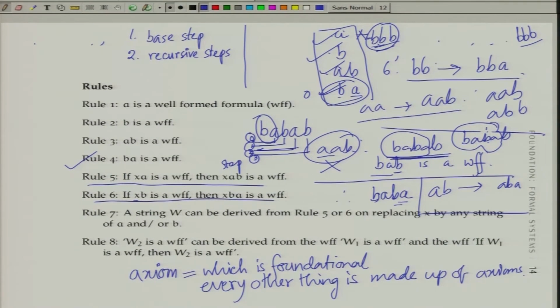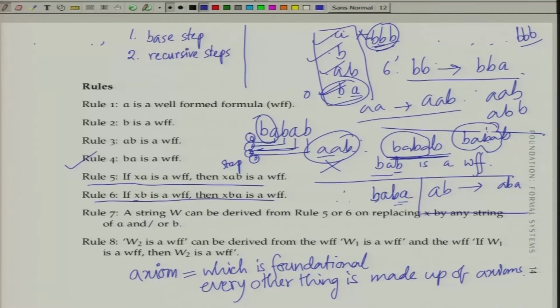You use one rule and then you generate one string. At the next level you work on that string and you come up with the next string. So this is how it goes on. That's why we say that recursion is defined in terms of the 0 step and the n+1th step, which is built on the basis of the nth step. So we can see that here.